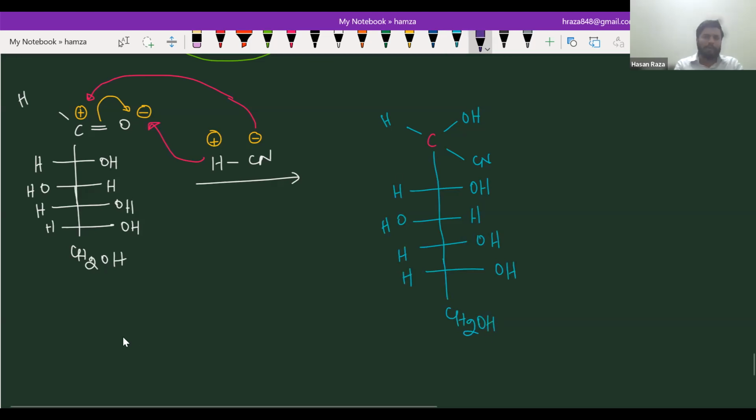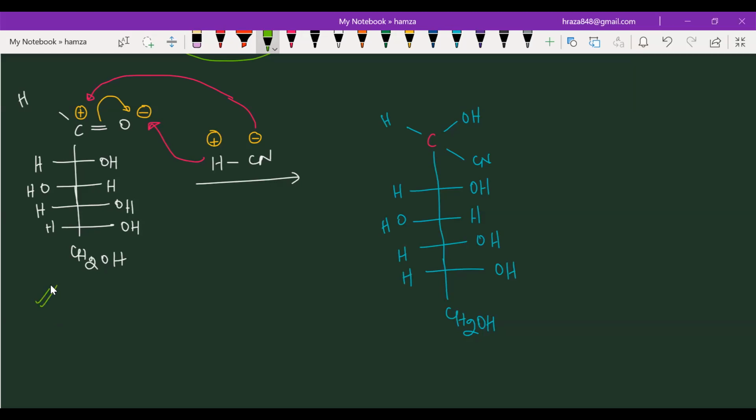So you already know the number of chiral carbons in glucose on the left hand side. We just calculated the number of chiral carbon atoms is 4. Yes or no? Yes, sir.